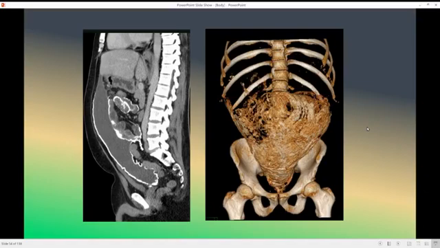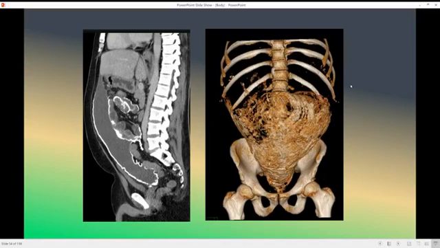What do you think the patient has? Pelvic hematoma? No, it is not pelvic hematoma. What do you think the patient has? Patient on dialysis.